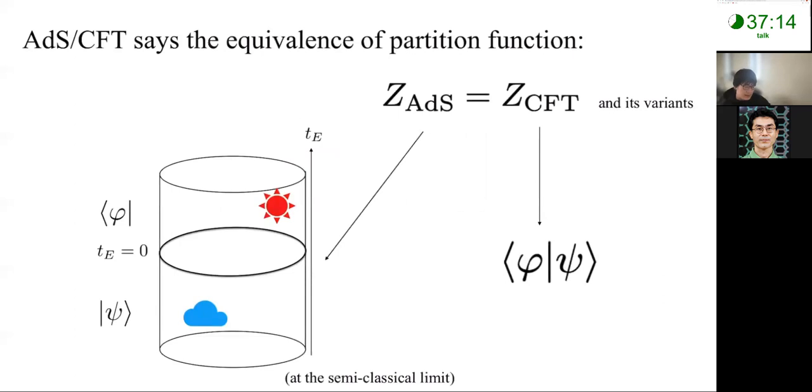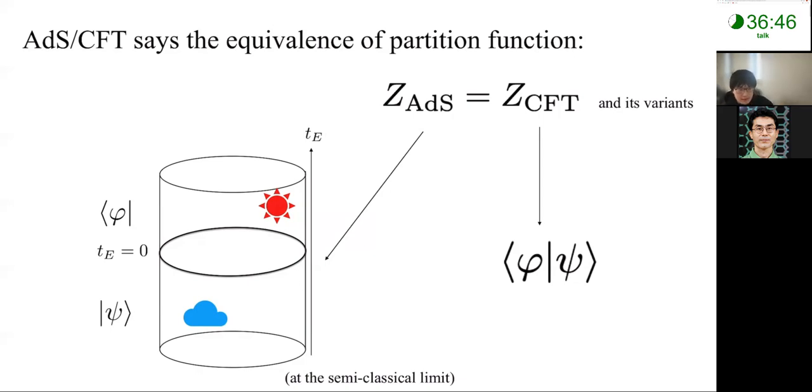For this purpose, I have to explain one dictionary in the AdS/CFT correspondence, holography, but I hope it will be natural for you. Since the AdS/CFT correspondence says the quantum gravity in AdS and a certain CFT are the same, it means that the spectrum of the Hamiltonian should be the same.